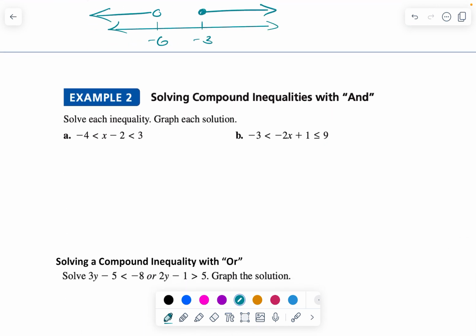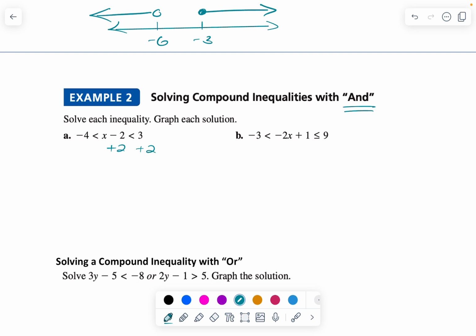Now we're going to solve some compound inequalities with "and." So remember, the "and" is the sandwich. To solve it, we need to get x by itself. So we want to get rid of that -2, so we add 2.